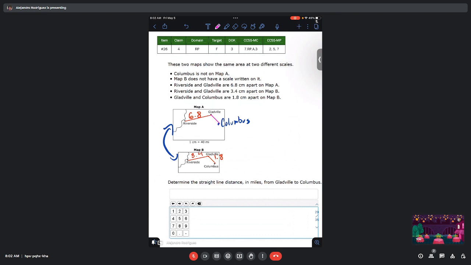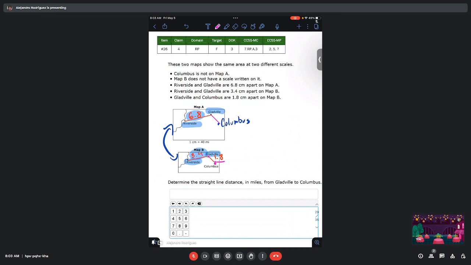Well, if we look at map B, we know that the distance from Glendale to Columbus is 1.8, but that's for that scale of the map. So we got to pay attention to the scale. If we look at Riverside and Glendale, the distance for map A is 6.8, and for map B it is 3.4.